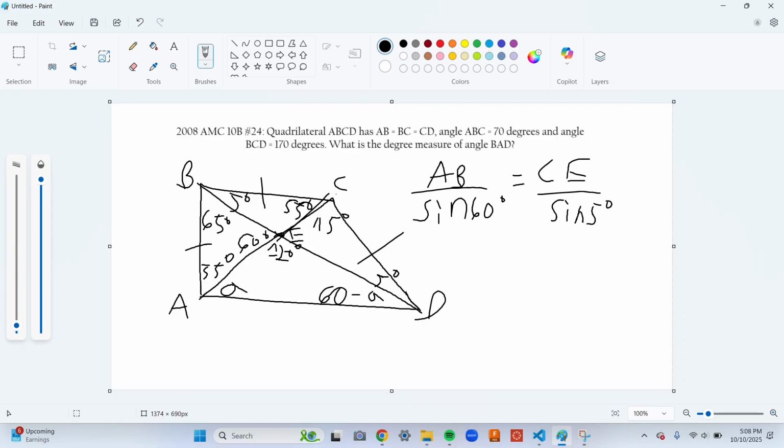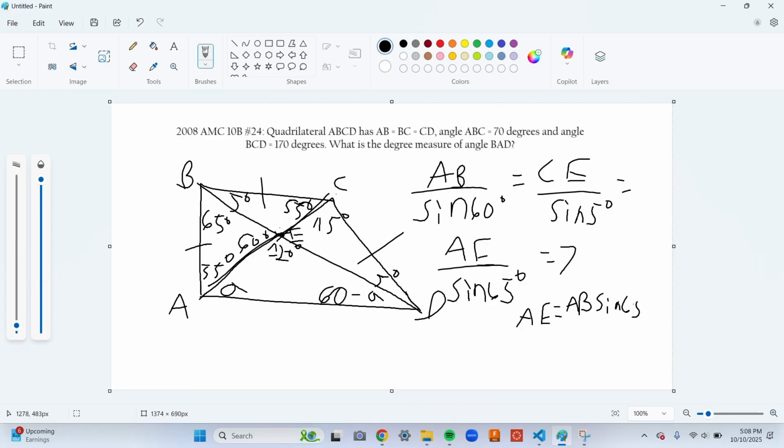Okay, and now we can take it back to triangle ABE. So after we've done AB over sine 60, we can do AE over sine 65 degrees. So what this implies is that AE is going to be equal to AB sine 65 degrees times 2 root 3 over 3, or 2 over root 3, but we just rationalize the denominator, because this is just finding the value of sine 60 degrees and plugging it in.